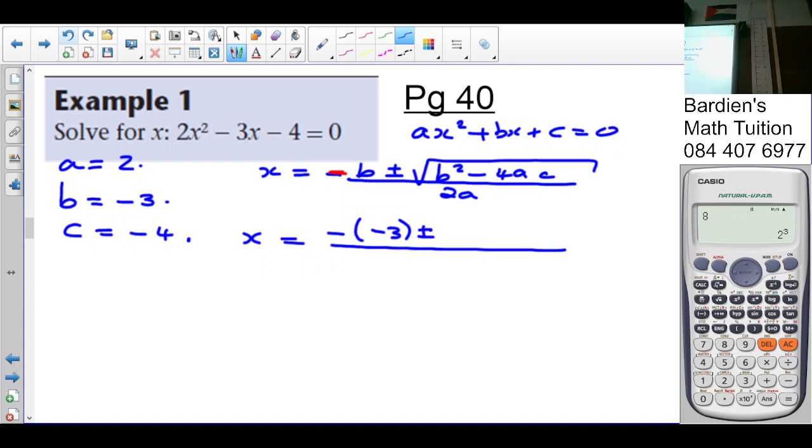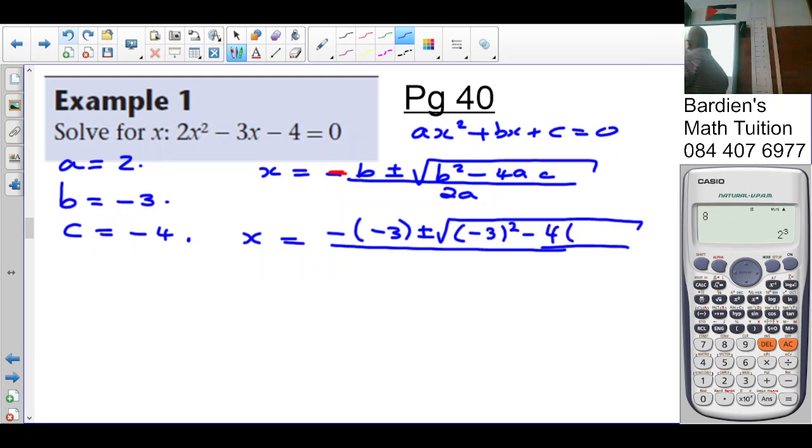You're doing the first step of simplifying already. Square root. What's your b value? -3 squared minus 4. What's your a value? 2. Your c value? -4, over 2, and your a value again? Okay, you guys understand?